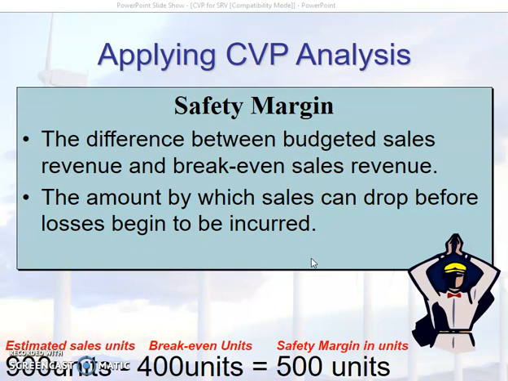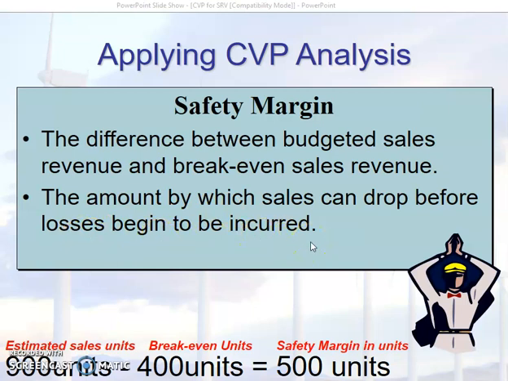And we can use safety margin in terms of units, safety margin in terms of dollars. And it says here the difference between budgeted sales revenue and break-even sales revenue is the safety margin. And that is the amount by which sales can drop before losses begin to be incurred.